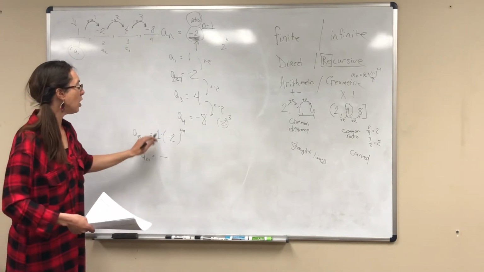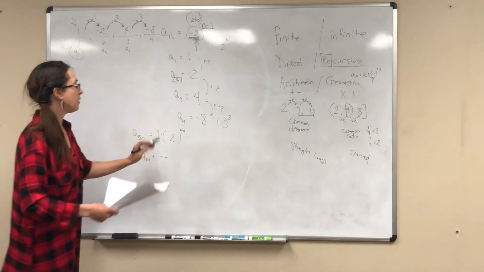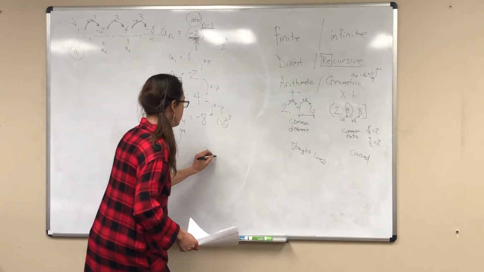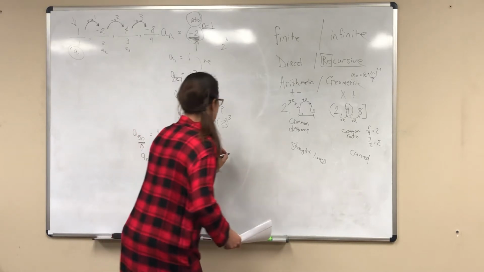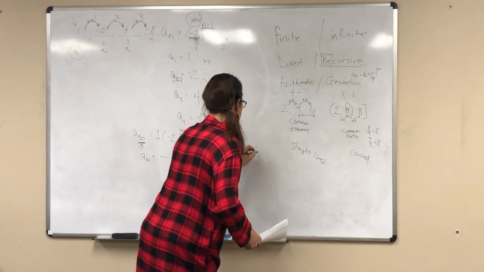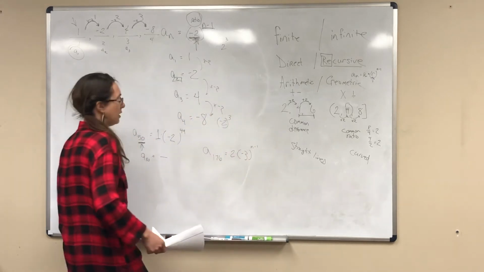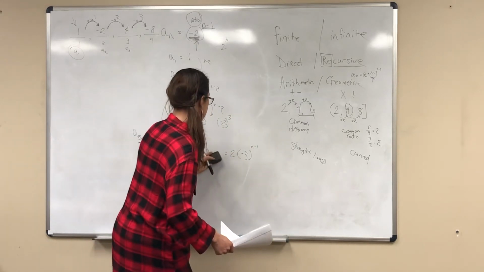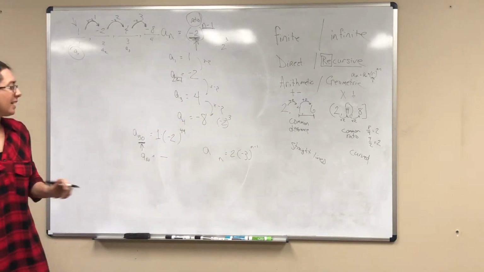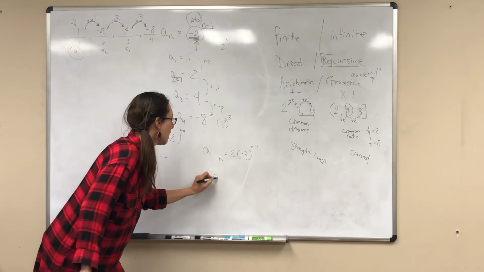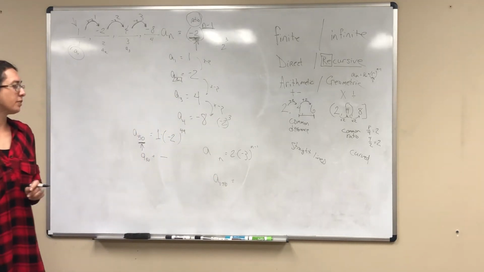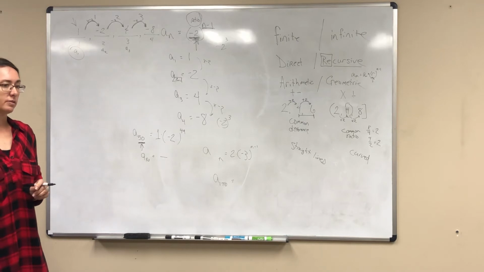So if they say A176 of 2 times -3, and they ask whether A176 is positive or negative, it is negative.